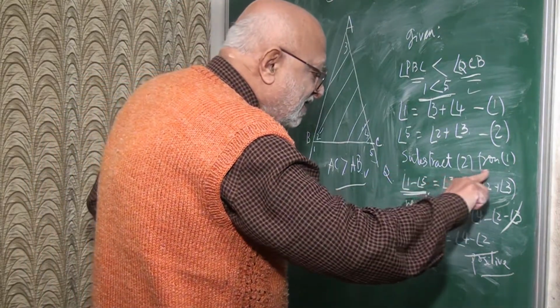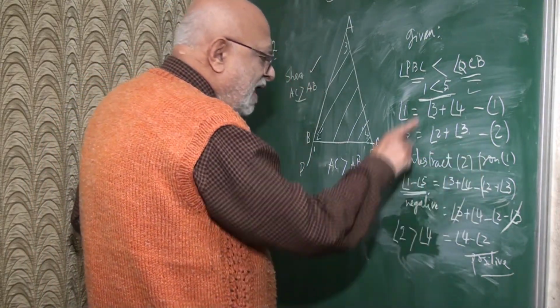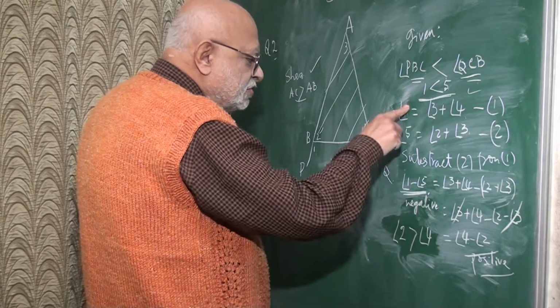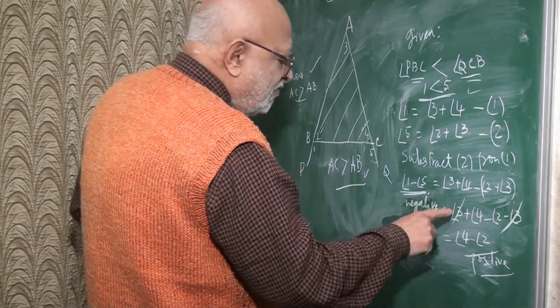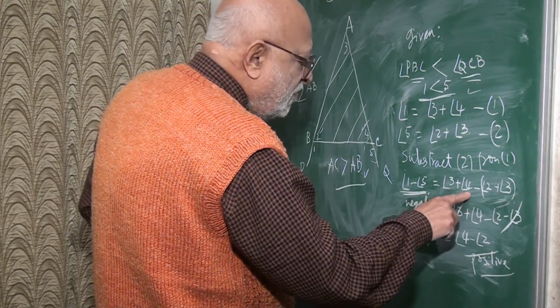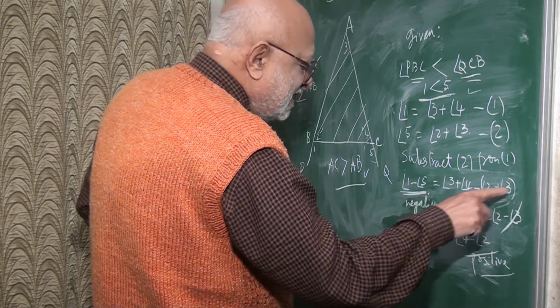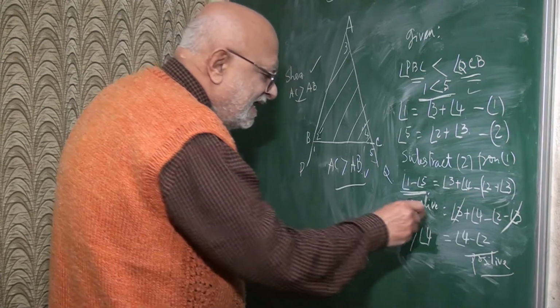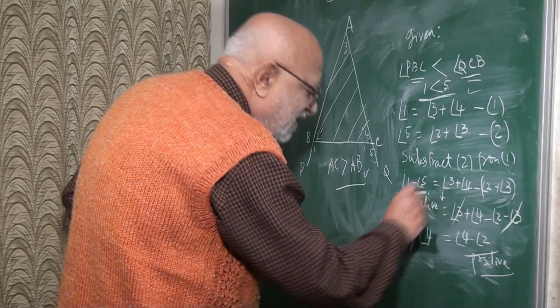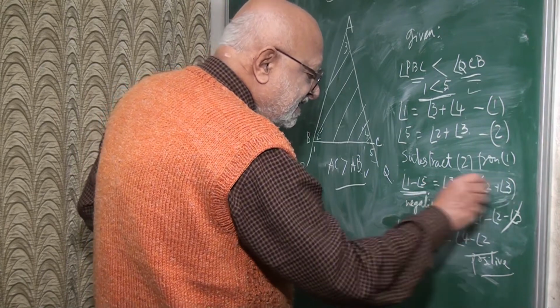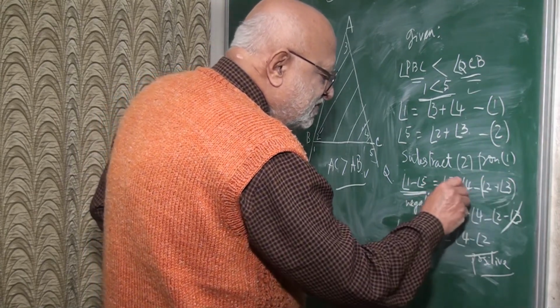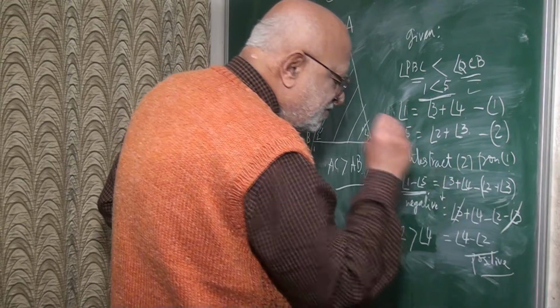This is important: not addition, subtraction. So 1 minus 5 is equal to 3 plus 4 minus 2 minus 3. If you expand further, this 3 and this 3 cancel and it becomes angle 4 minus angle 2.